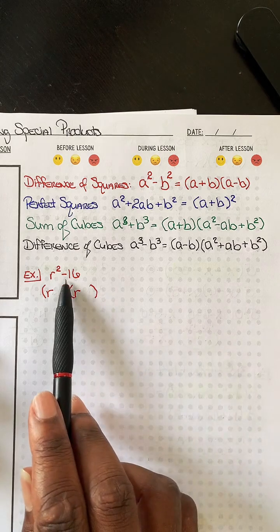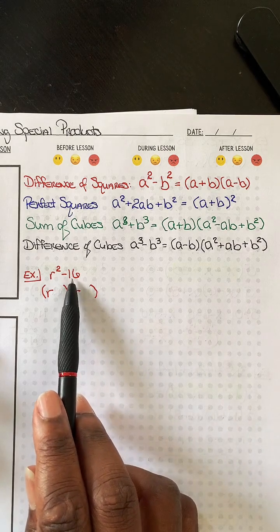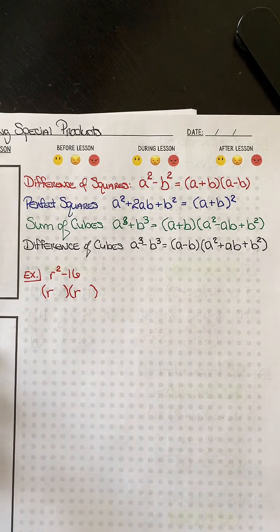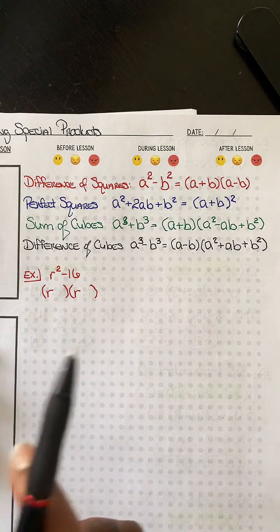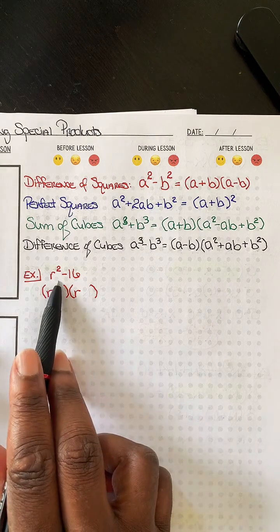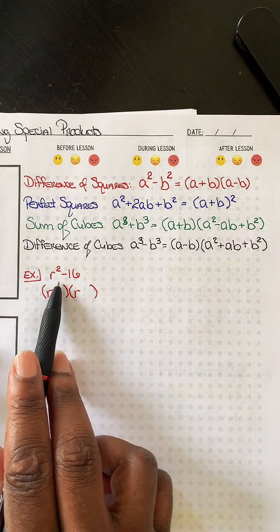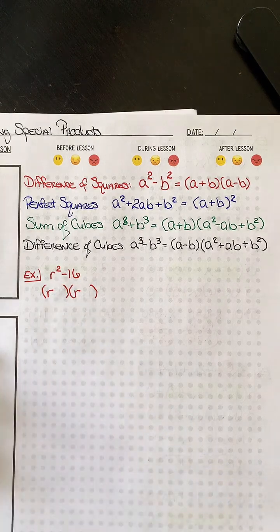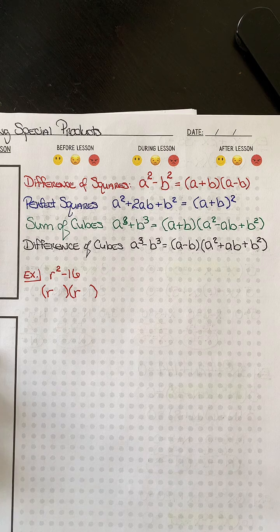What two numbers multiplied together will give me a negative 16 and add together to give me 0? Because you notice when we do this, we don't have an r. So we didn't need that 0r to put as a placeholder. Okay? When the r is not there, that means the coefficient of that r is 0.